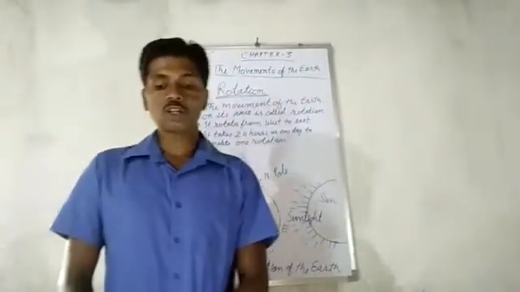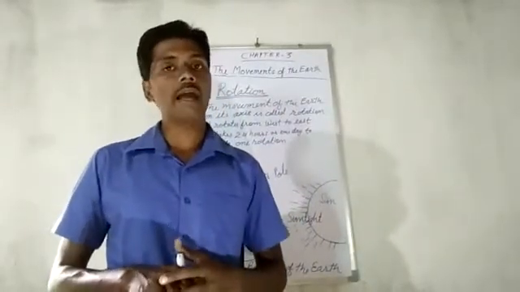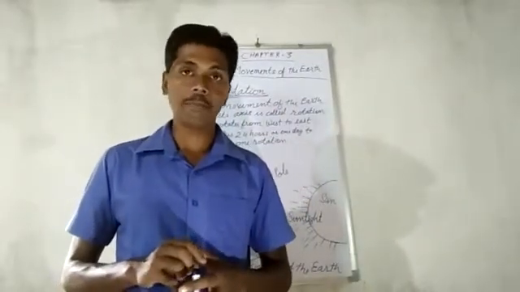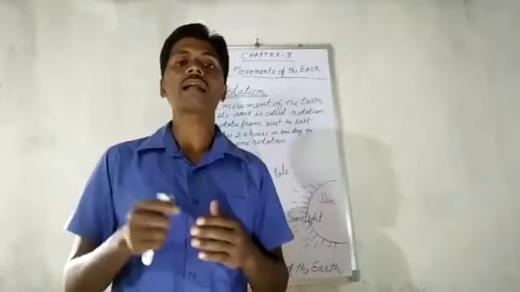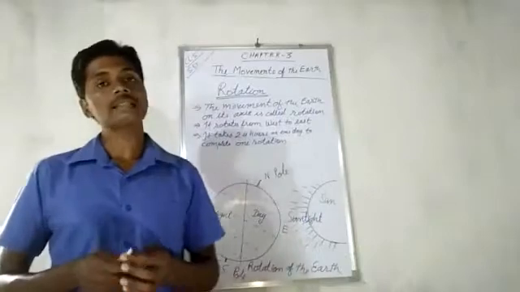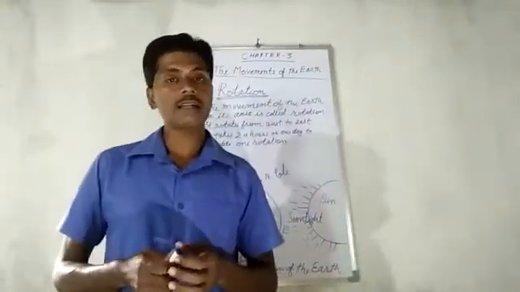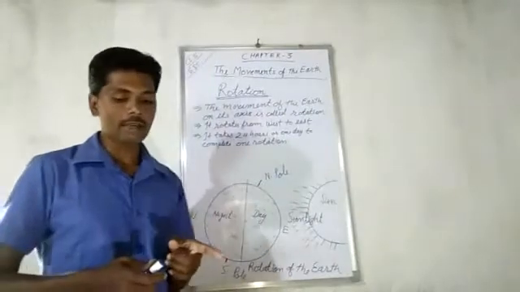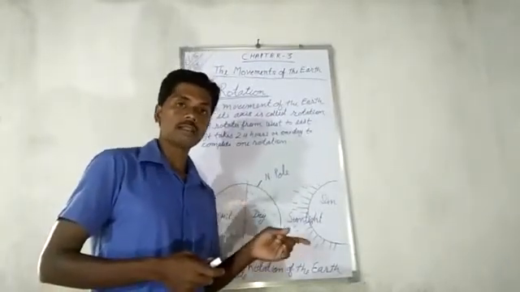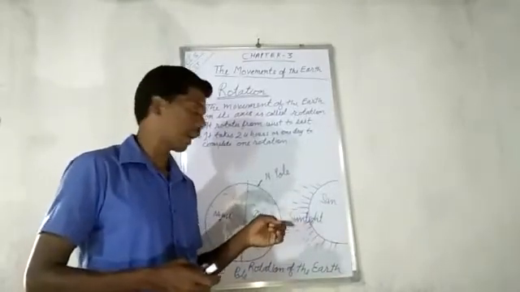The rotation of the earth on its axis causes day and night. Because of the rotation, we are getting day and night. The side of the earth that faces the sun has day, while the side opposite to the sun has night.